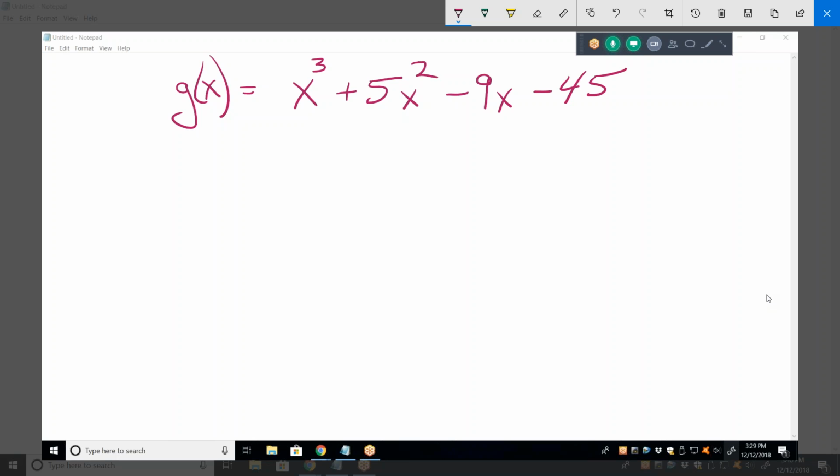First of all, let me say that this is a cubic. Cubics are notoriously difficult to factor. You can take your quadratics and put them on steroids and it's still not as hard.